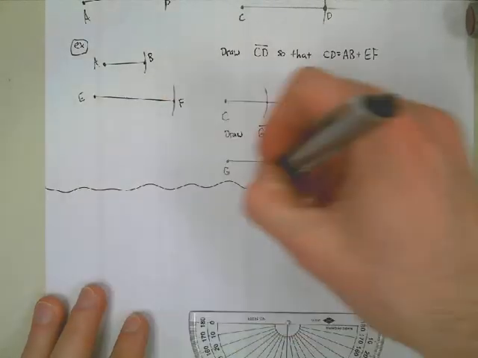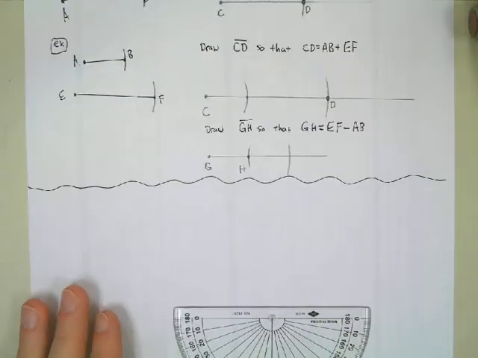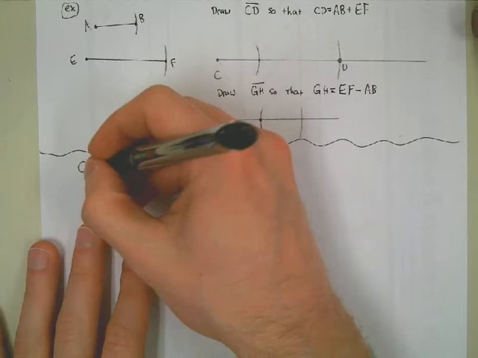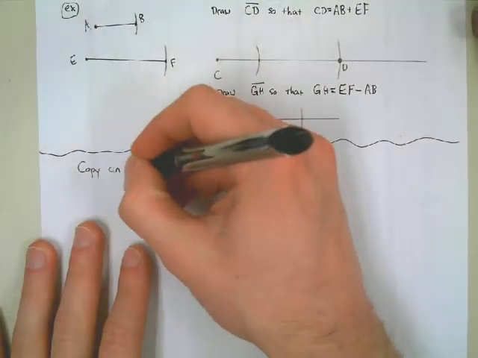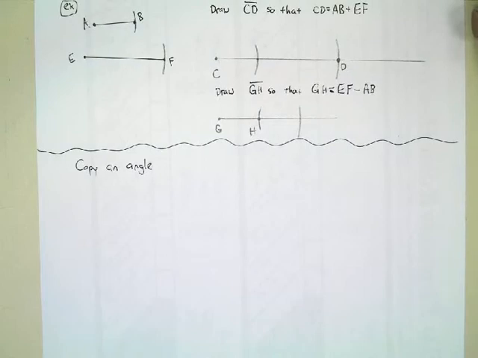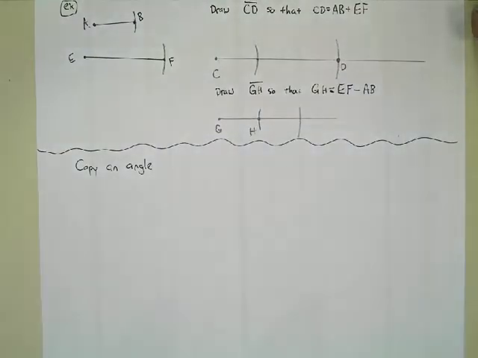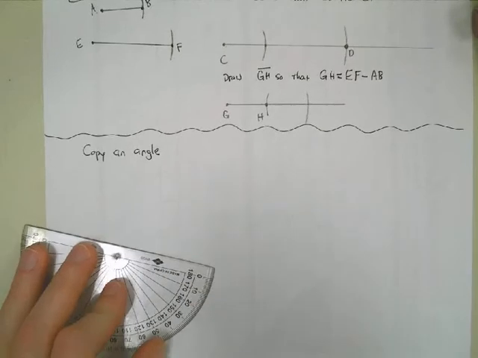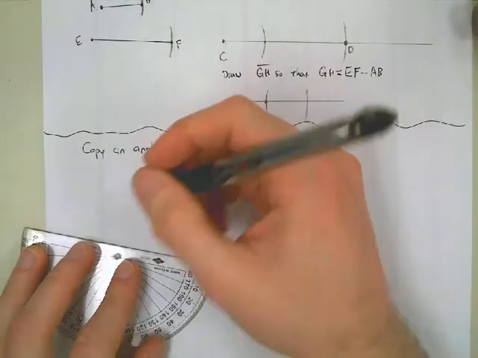Let's do another one. All right, new skill. Next one, we're going to copy an angle. And to copy an angle, you need to start with an angle to copy, okay? So let's start with an angle here. You can draw any old angle you want.